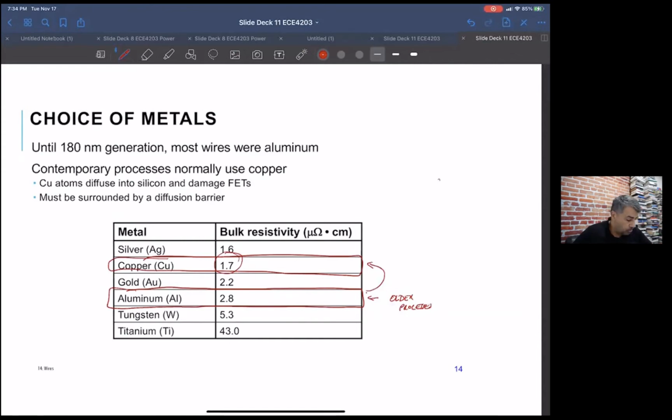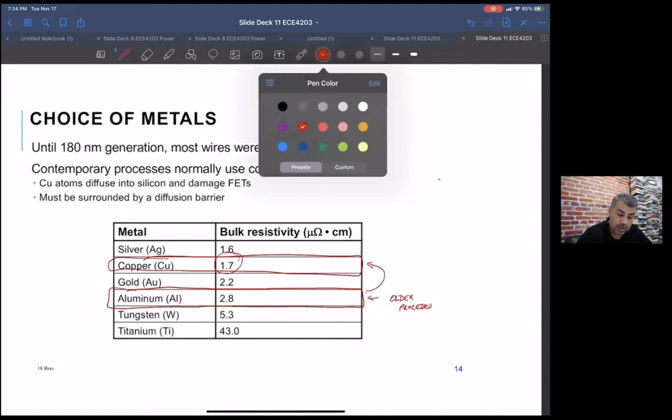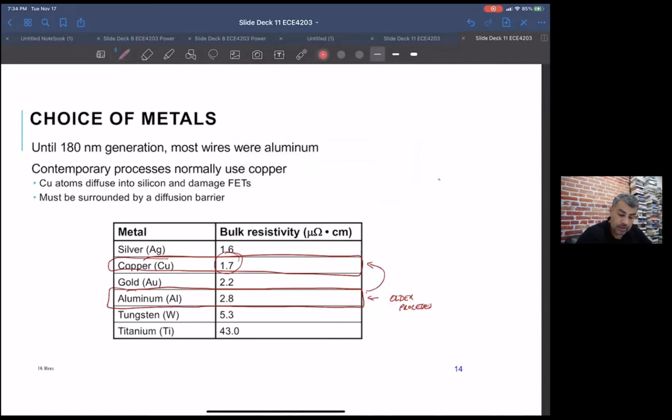But by the way, one more thing I wanted to say is that in practice, this is the so-called bulk resistivity. If you had a centimeter by centimeter chunk of copper or aluminum or something.